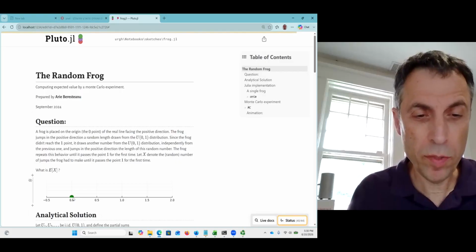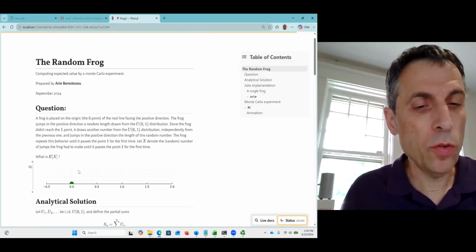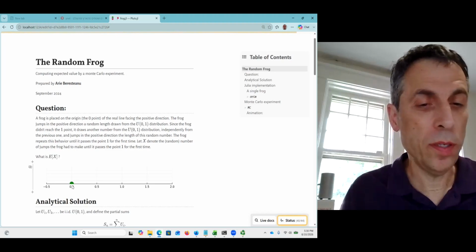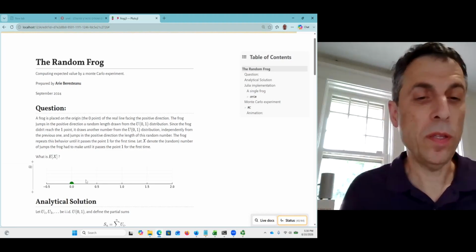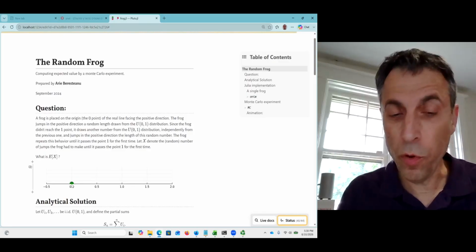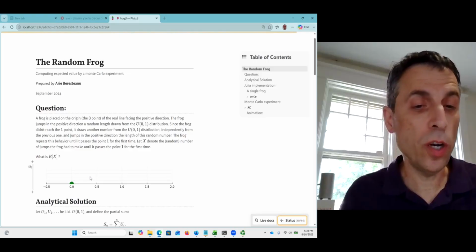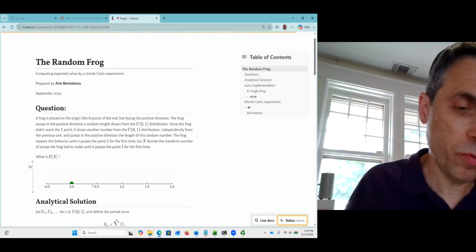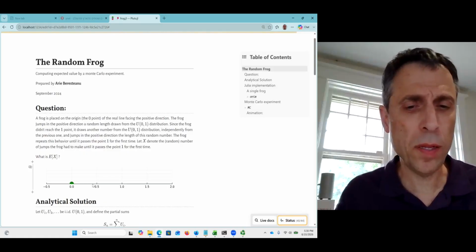So here is the question. You have a frog, this green thing is supposed to be a frog, standing on the 0 point in the real line, facing toward the positive numbers. The frog draws a random number from a uniform distribution, and it jumps. Let's say it drew 0.4, it will jump to 0.4. If it passes the 1 point, it stops.